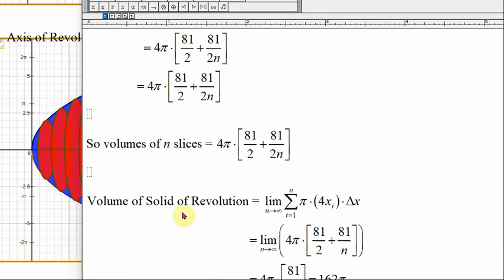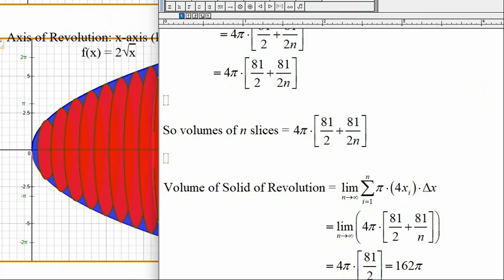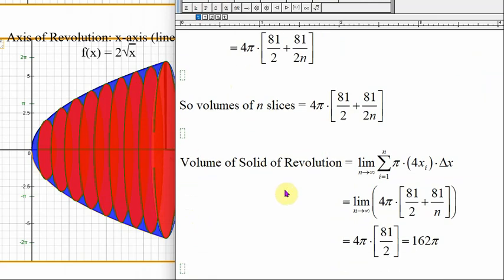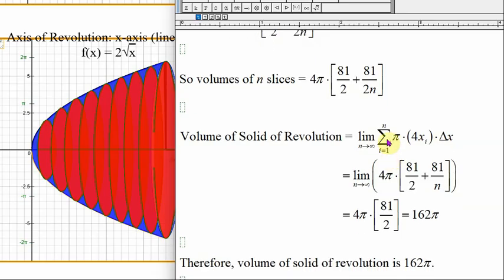For the volume of the solid of revolution, we divide the solid into an infinite number of slices, and so we have to allow n to run to infinity. This would be the volume of the solid of revolution. This quantity right here is 4 pi times 81 over 2 plus 81 over n.